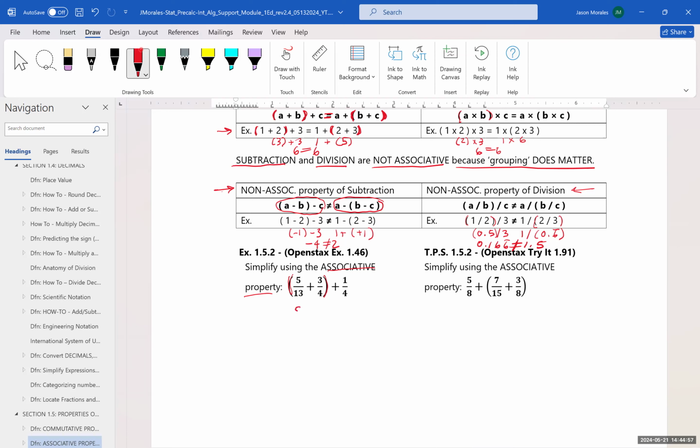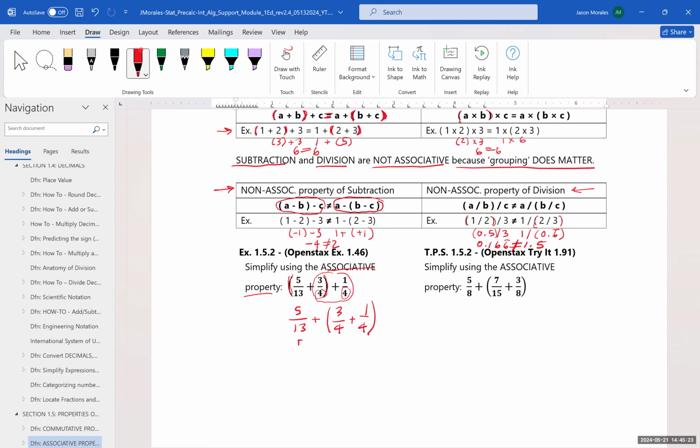Instead, we could write it like this. What's notable about doing it this way is it's nice to get these two added together first because they already have a common denominator.